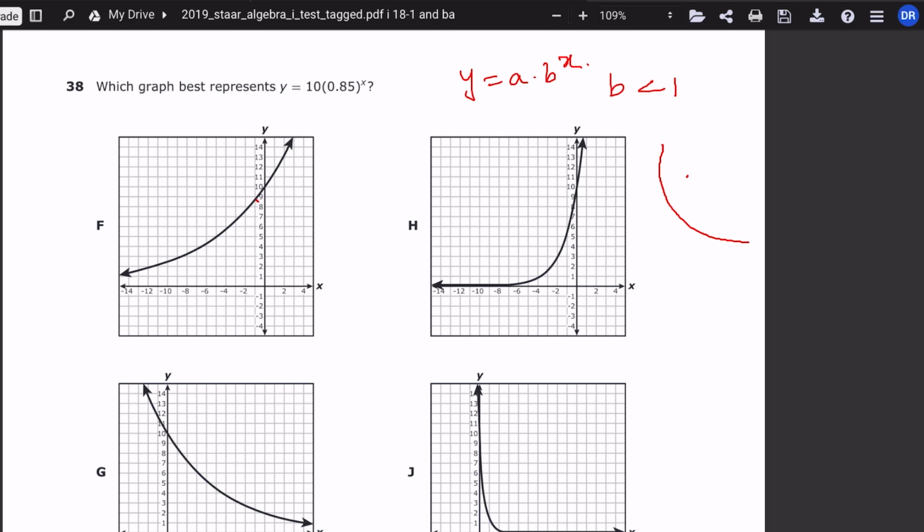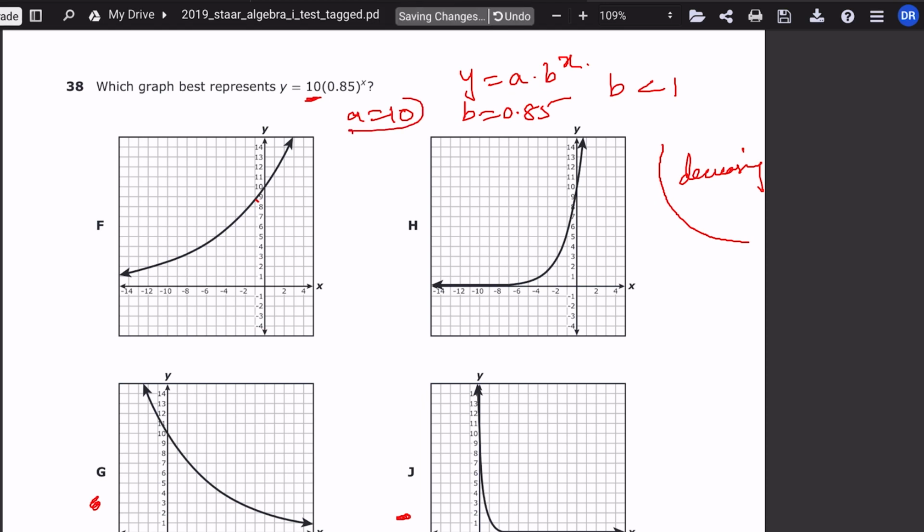So it can be between G and J. In these two, it can be one of the options. Whenever this is a decreasing graph, you can see here a is equal to 10 and b is equal to 0.85, which is less than 1.